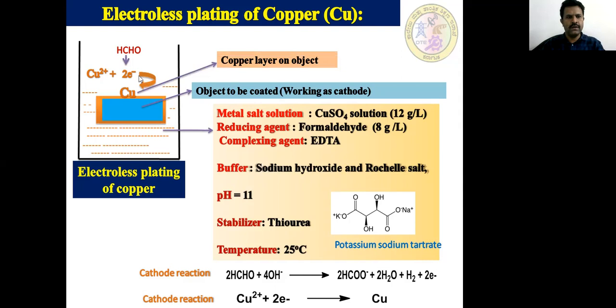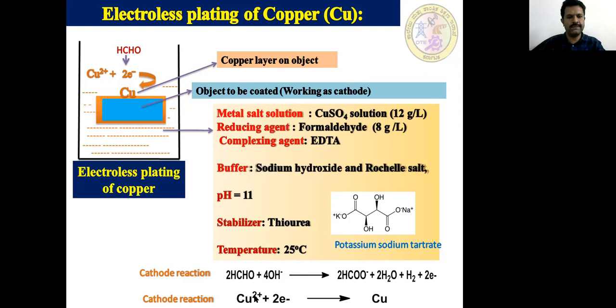And then the copper 2+ ions present in the bath will gain those electrons released by the reducing agent, and become neutral copper atoms, and deposit on the surface of the substrate.